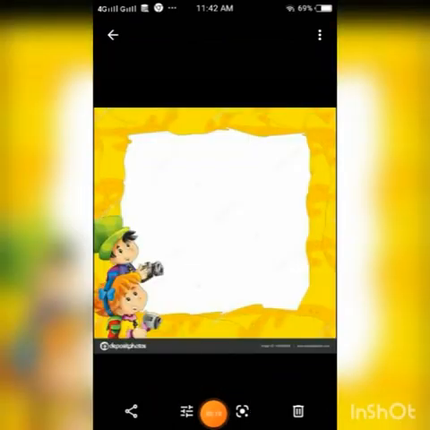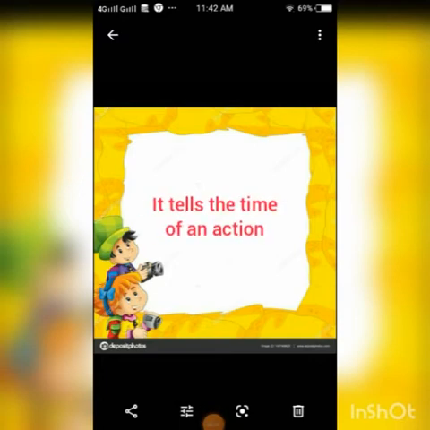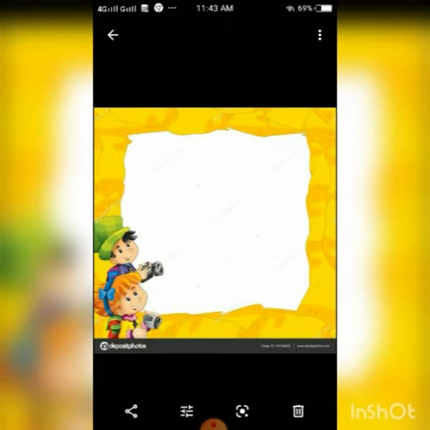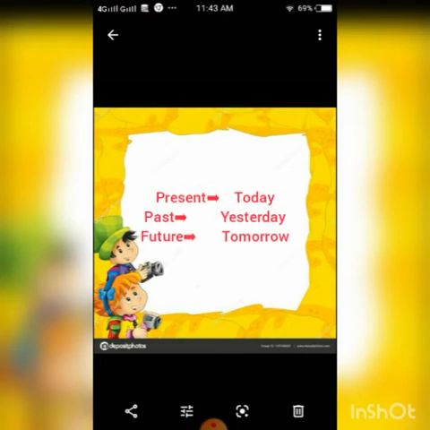The definition of the tense is that it tells the time of an action, meaning when the action has happened. We need to know about the time. There are 3 types of times. Present means today, past means yesterday, and future means tomorrow.